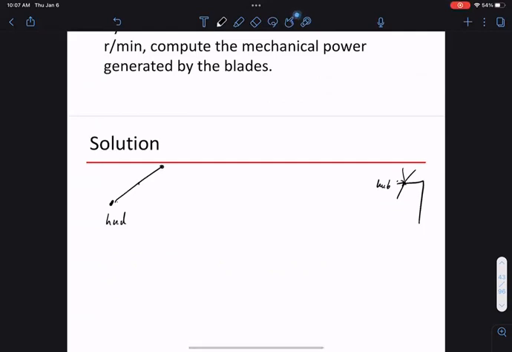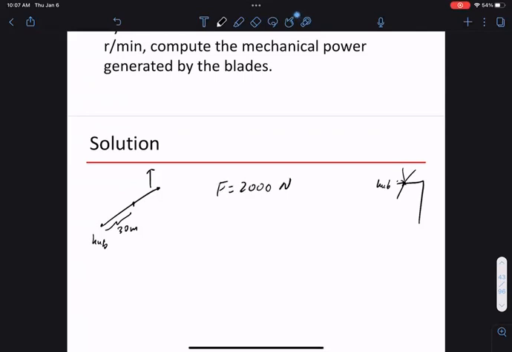And the center of gravity is, so you have a hub. This is your center of gravity. This is 30 meters. And I have some force here. Right? I have some force on the blade. The blade is 30 meters away from the hub. Okay.